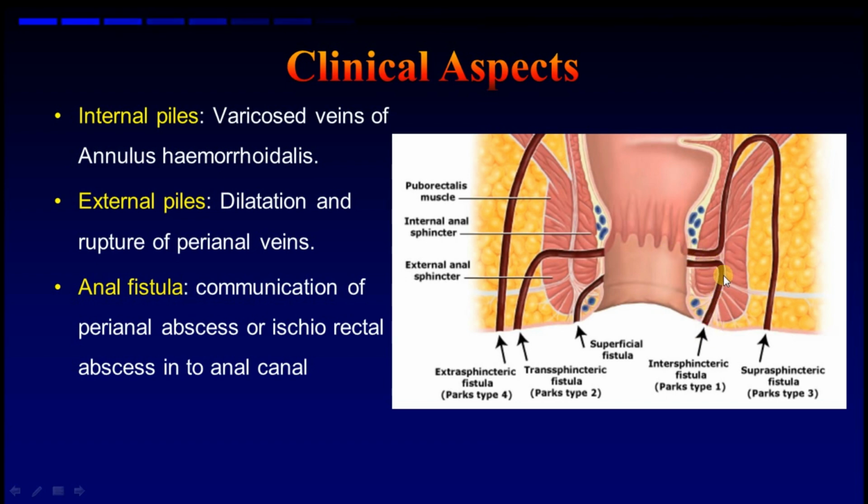When this abscess makes a communication with the anal canal, it might spread in a pentadactyl pattern: anteriorly, posteriorly, above, below or behind the anal canal, and communicate with the other side as a horseshoe shape. Sometimes this fistula might communicate below the levator ani, or it might go above the levator ani pelvic diaphragm and also to the upper part of the anal canal.